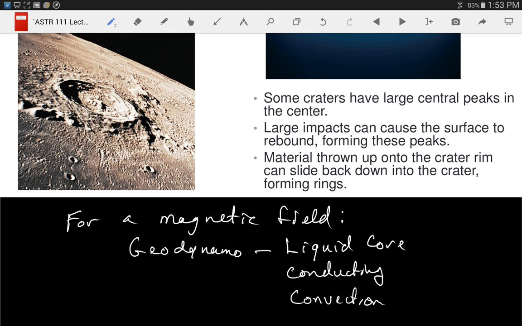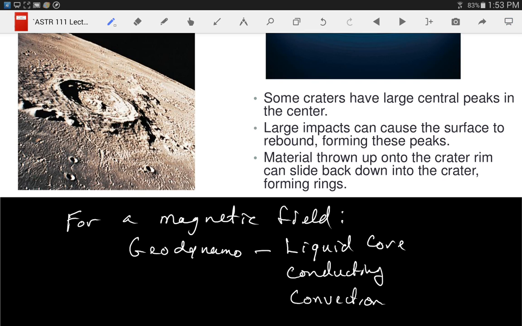Now, with the moon not having a magnetic field, the theory is that the moon is probably frozen. That is, it no longer has a liquid core. Why did they come up with that? Because the rate at which something loses heat is proportional to its surface area.